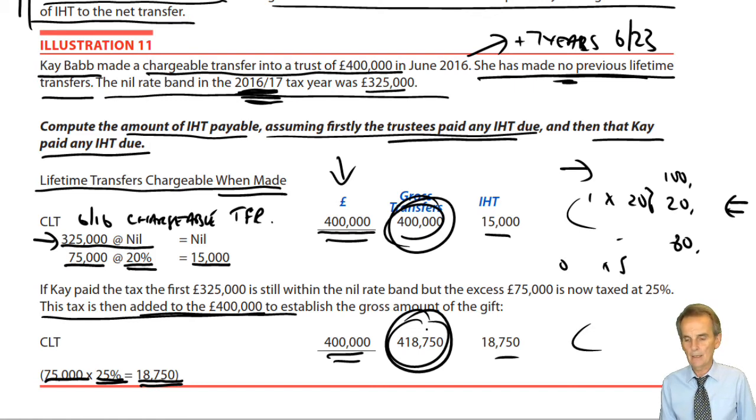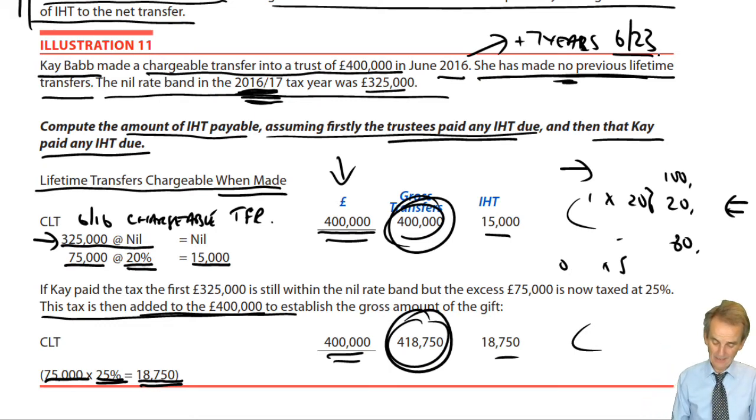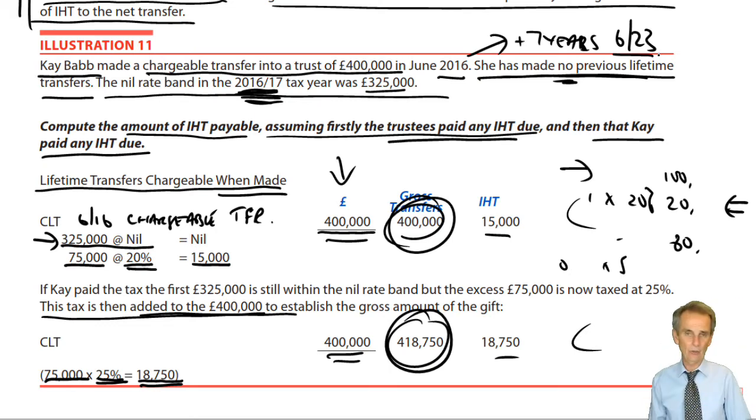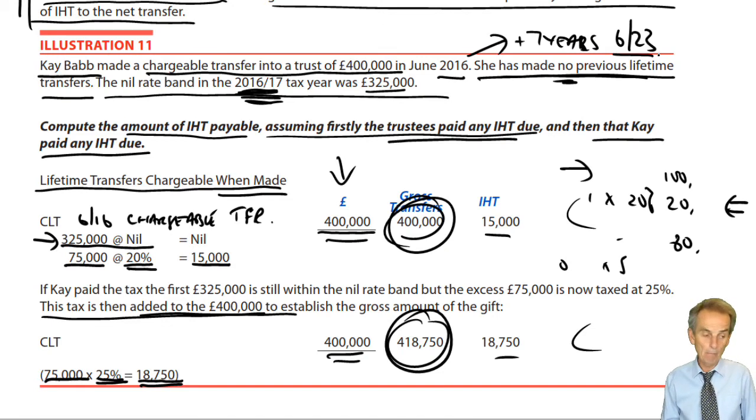What does it mean? It means that the next CLT, anything between June 16 to June 23, with now on this taxpayer's clock here, a figure of either 400,000 or 418,750, both in excess of the available nil rate band of 325.